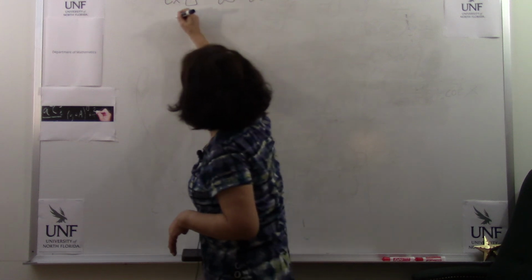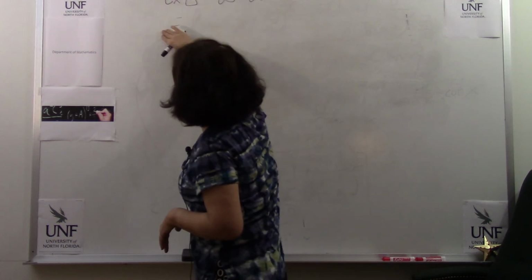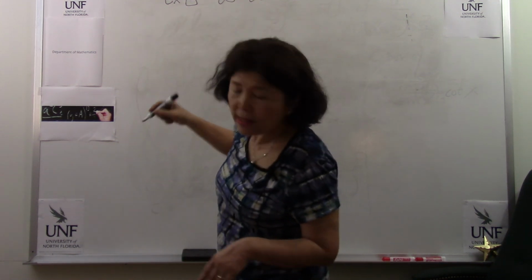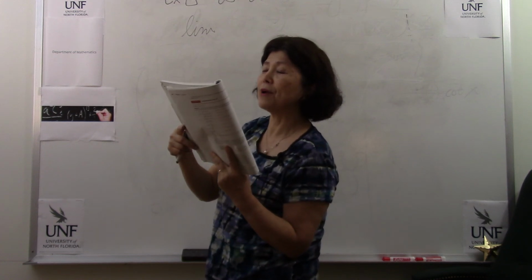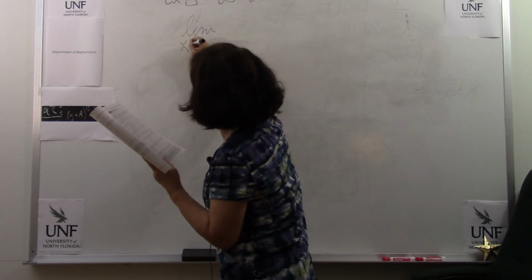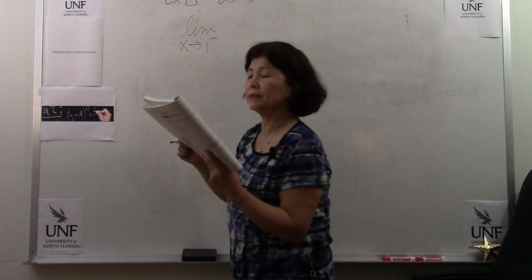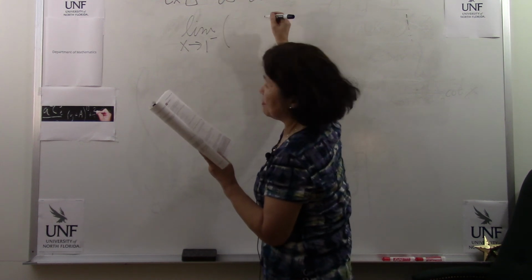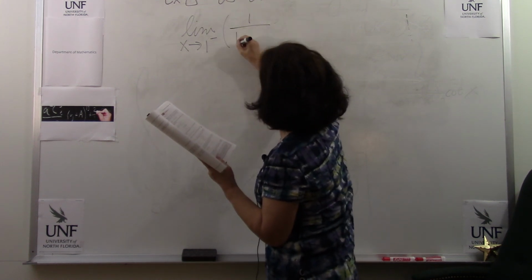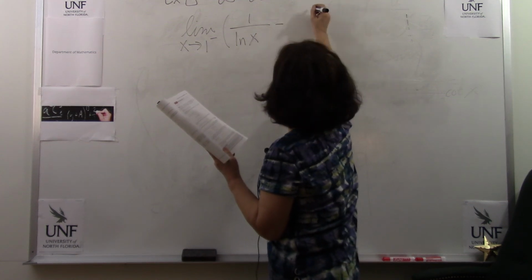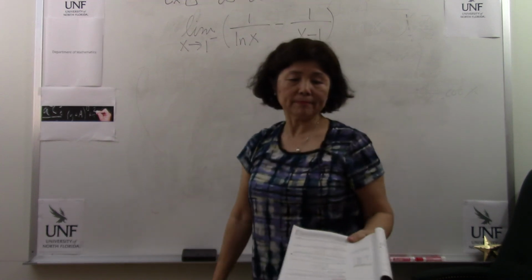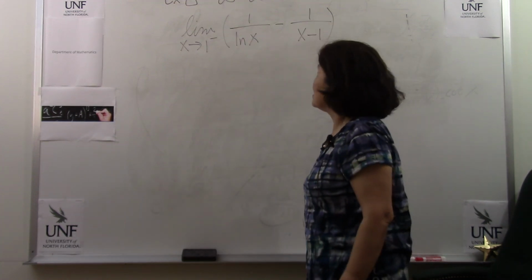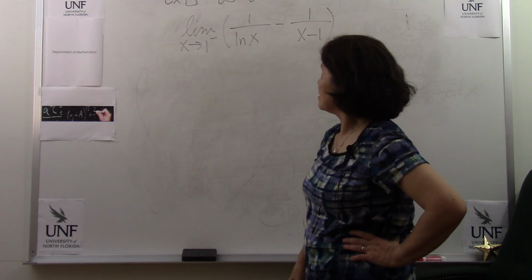So this time, let's see, what is the limit? Limit of, yeah, I cannot make any mistake of writing the wrong thing. 1 over ln x minus 1 over x minus 1. So why is it an infinity minus infinity case?